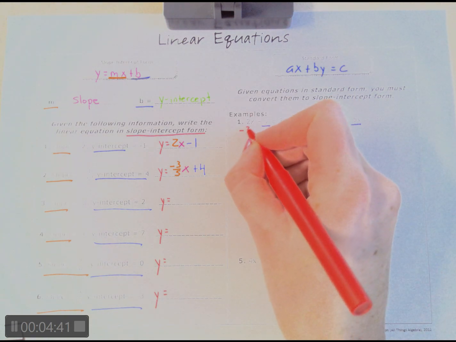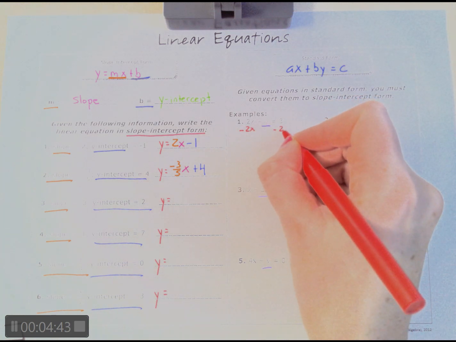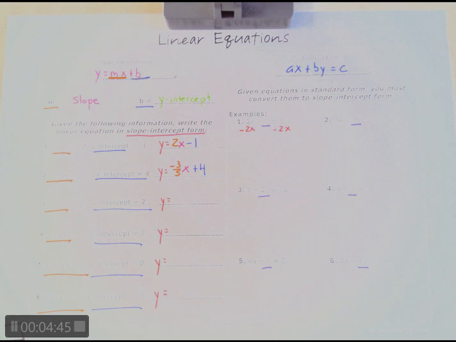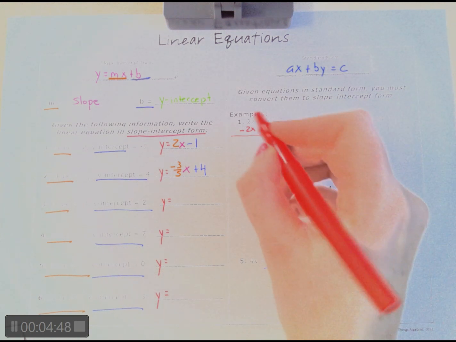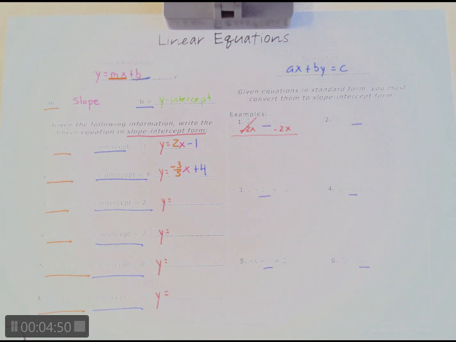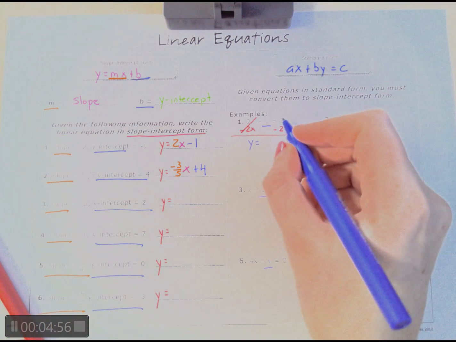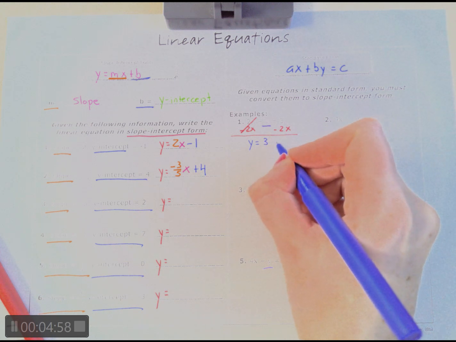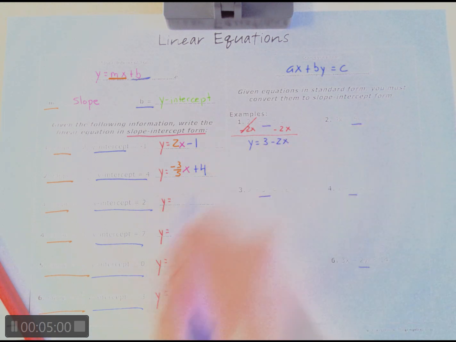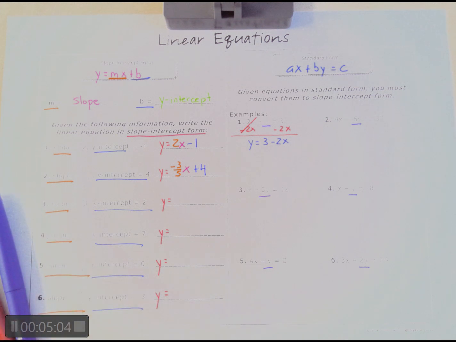So I need to subtract 2x from both sides. So these 2x are going to cancel, and I'm going to be left with y equals, I'm going to bring down the 3 and bring down the 2x. Alrighty. Now, is this in slope-intercept form?